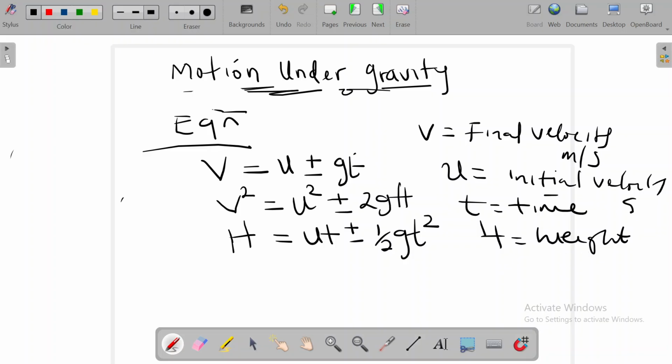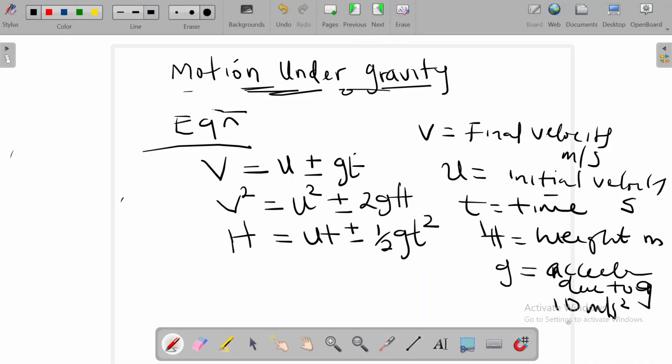Time is in seconds. Height is in meters. And also you have g, the acceleration due to gravity, which is either 10 meters per second square or 9.8 meters per second square, depending on the use case.